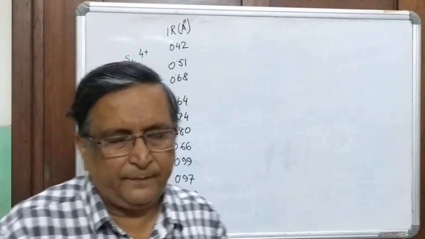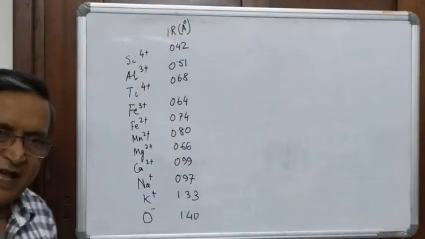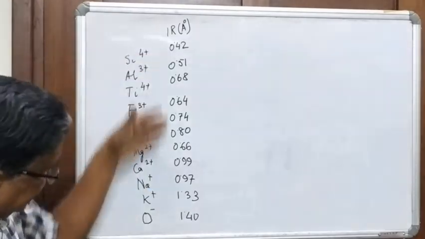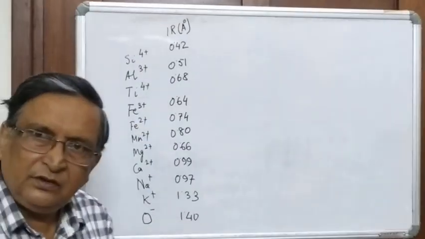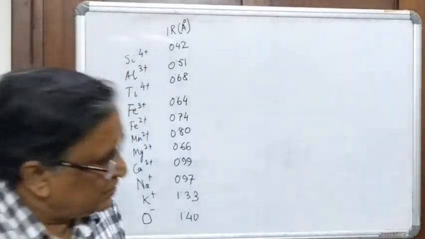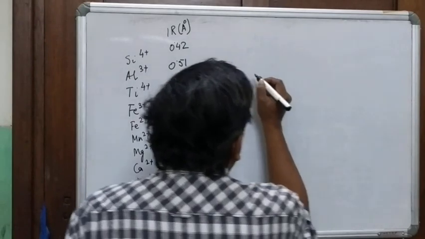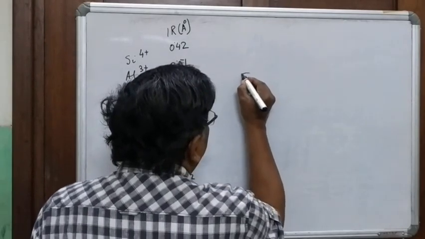It's not necessary. Now, these are the elements that occur in weight percent in the Earth as well as in the Earth's crust. So now, what I will do is, I will draw two circles.